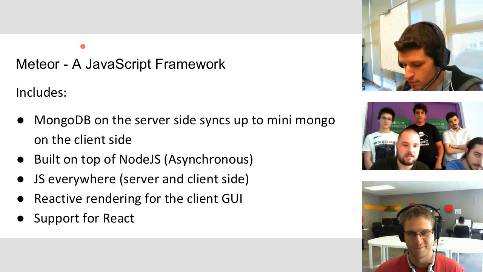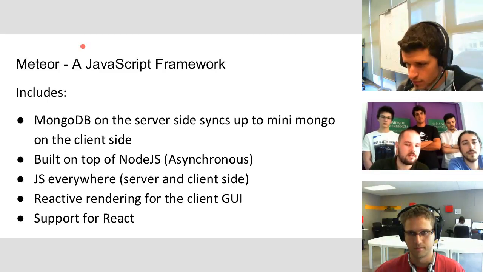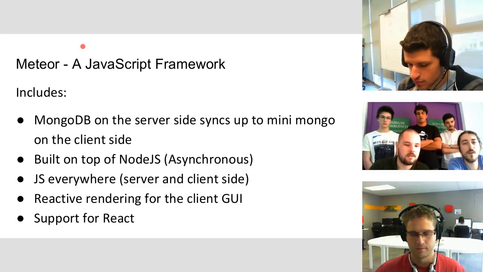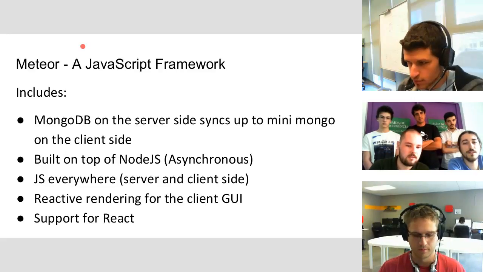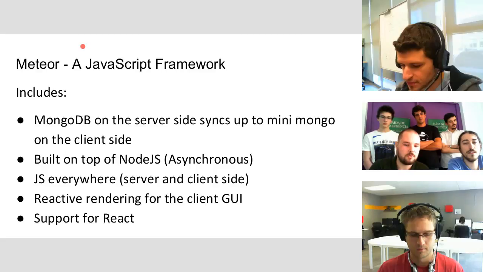MongoDB is synced on the server side with Minimongo. It's built on top of Node.js. It uses JavaScript everywhere, so we are writing JavaScript on the server and the client. All the user interface is reactive and has support for React for building the user interface.